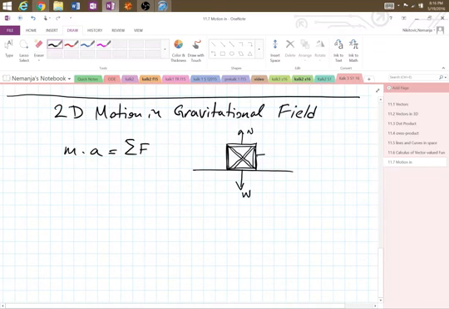If the motion of pushing the crate with the force is this way, then the friction force is going to be here. And the friction force is given as the kinetic coefficient of friction times the normal force.